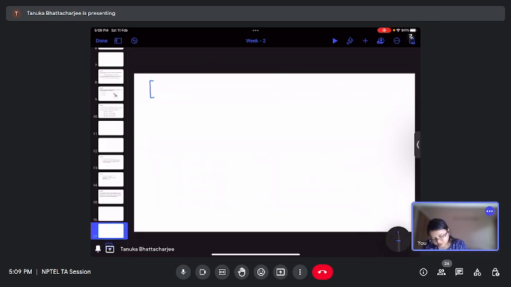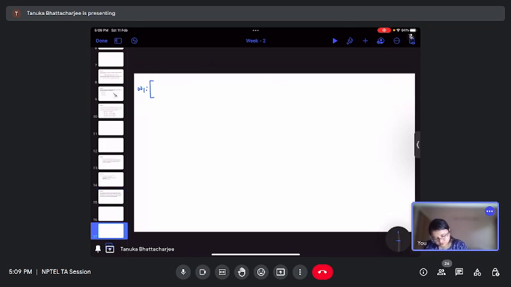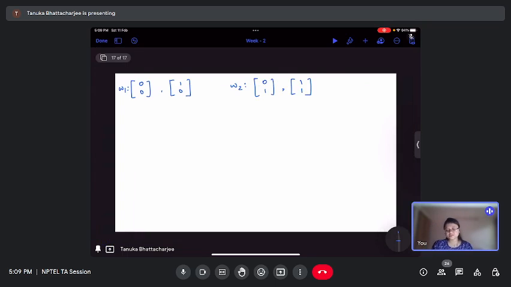So, from class omega 1 we have 0 0 and 1 0, from class omega 2 we have 0 1 and 1 1. So, the first step will be to augment the feature vectors, that is, you append 1 to each of the feature vectors.